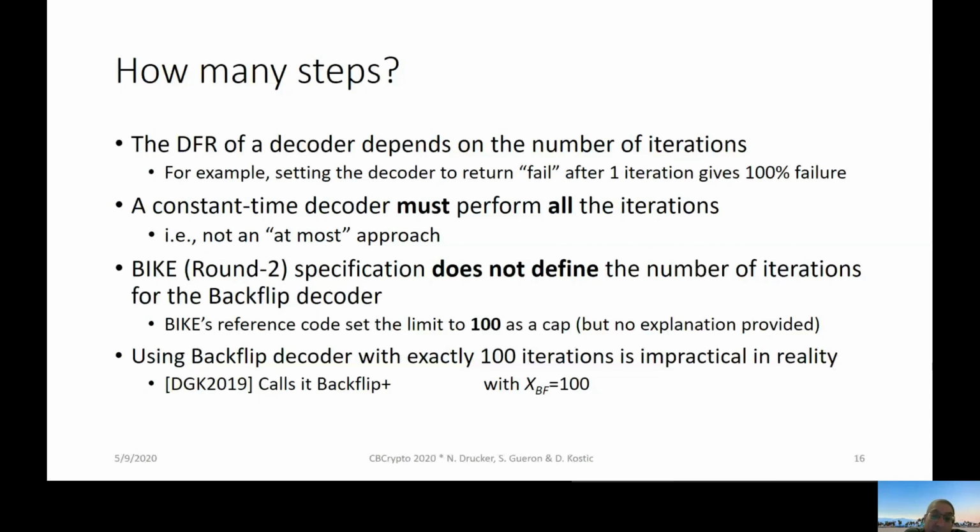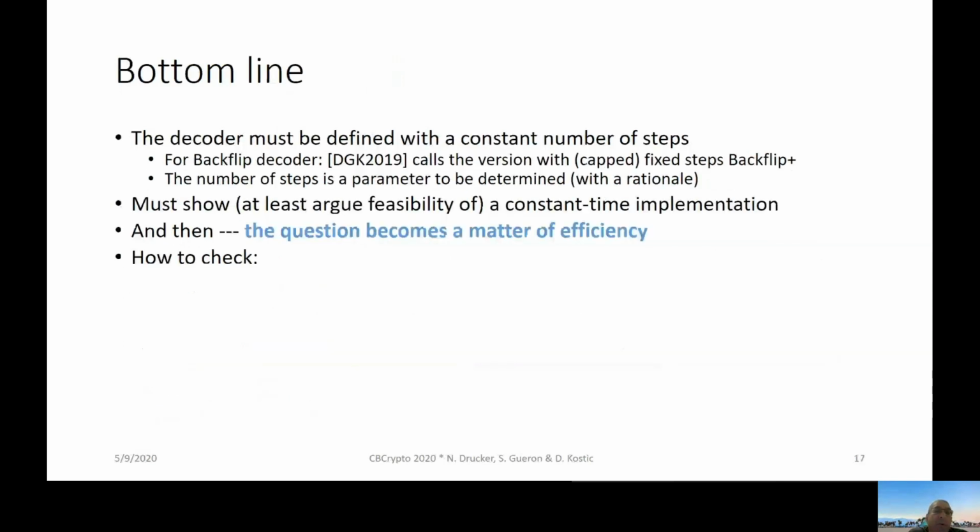And we can study this. With exactly 100 iterations, it is impractical, and even less practical if you are making all of the iterations constant time and you execute them all, always. So what is the bottom line? The decoder must be defined with a constant number of steps. And you must show, or at least argue, the feasibility of a constant time implementation.